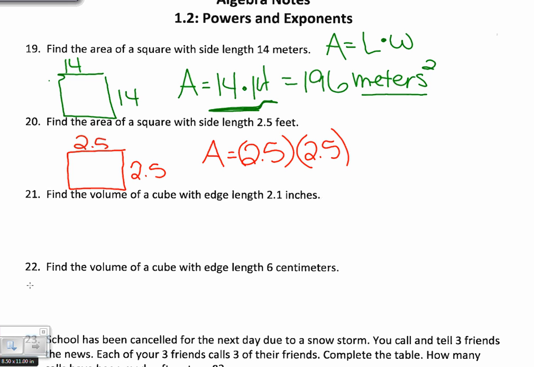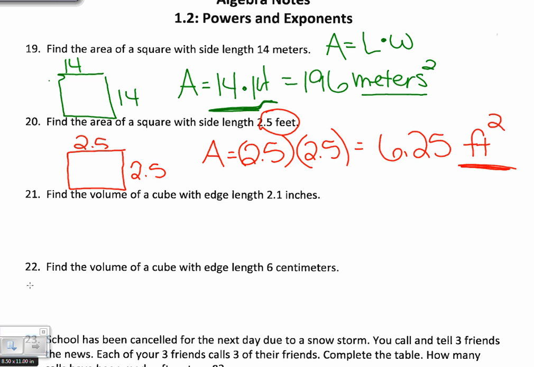I put these in parentheses just because I have decimal points and I didn't want my middle dot to look like a decimal point also. So when I multiply that together, 2.5 times 2.5 is 6.25. Again, my label is feet squared. Area is always squared. The problem tells me feet, so I write feet squared.